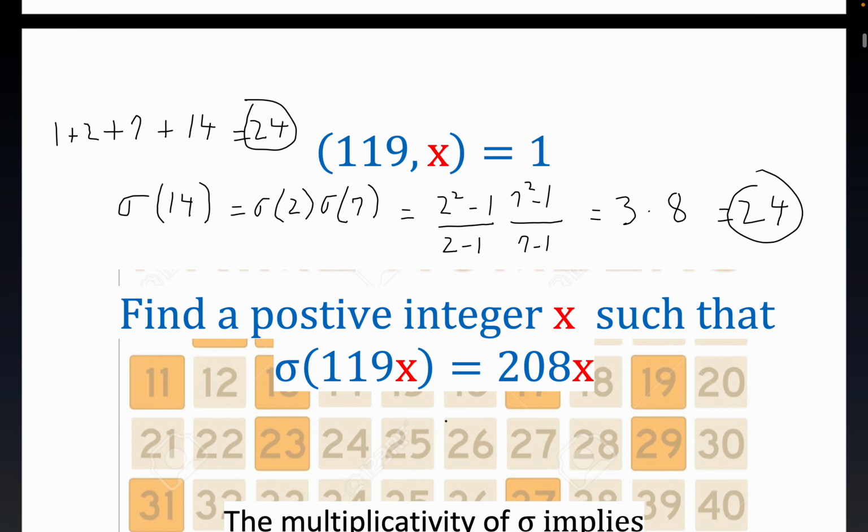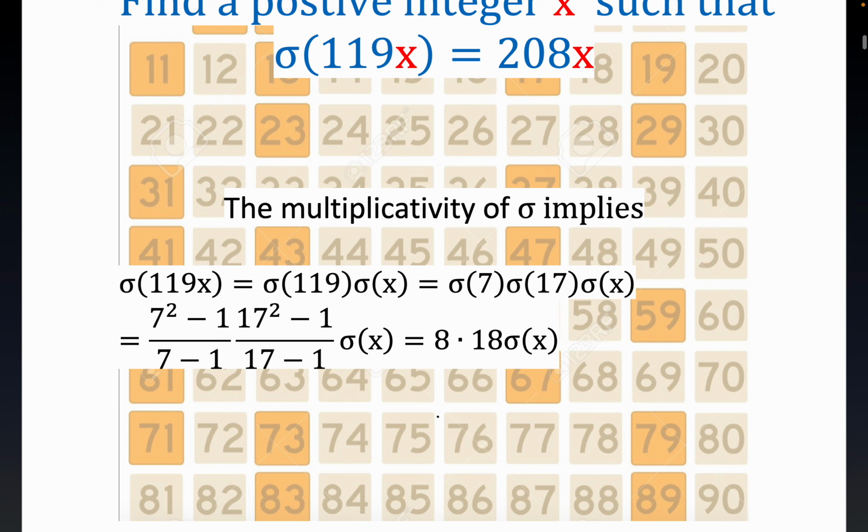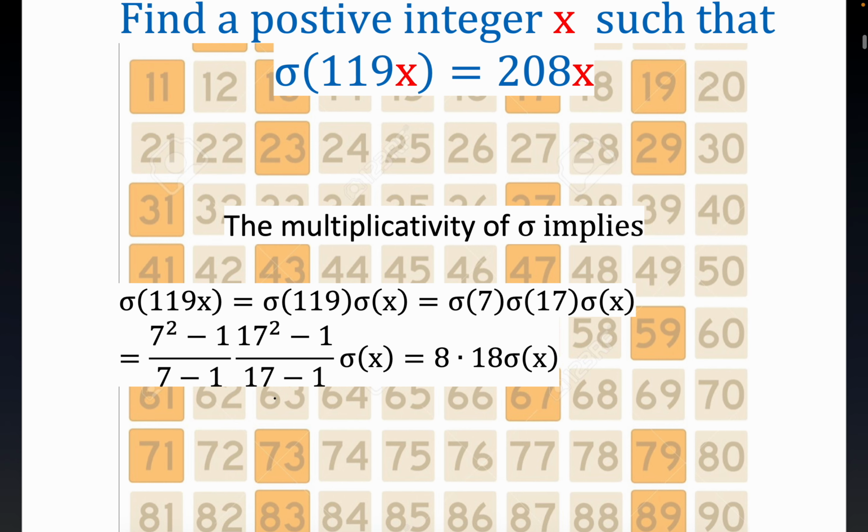So this is just all that work. We split it all apart, and this is what we get. Now, again, just the same thing I did before. You square, subtract 1 in the numerator, then you just take the difference of the prime number and 1 in the denominator, and similarly right here.